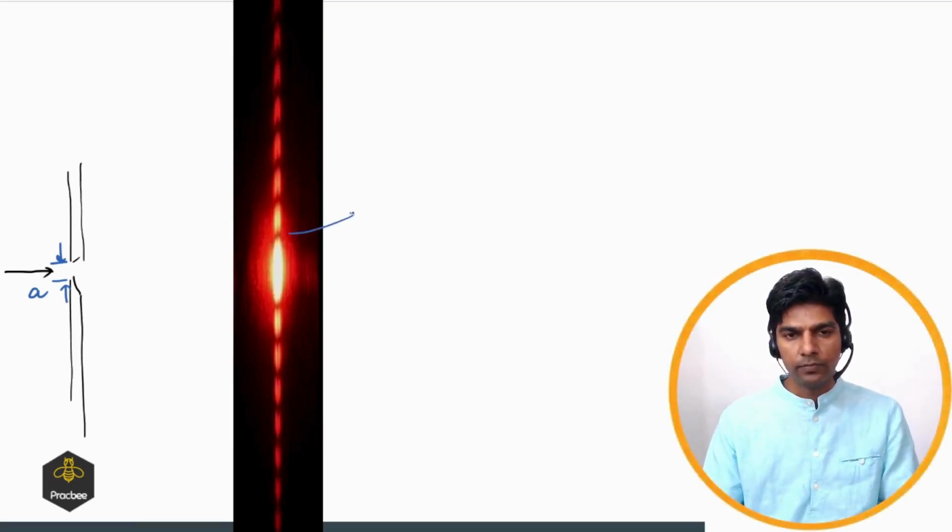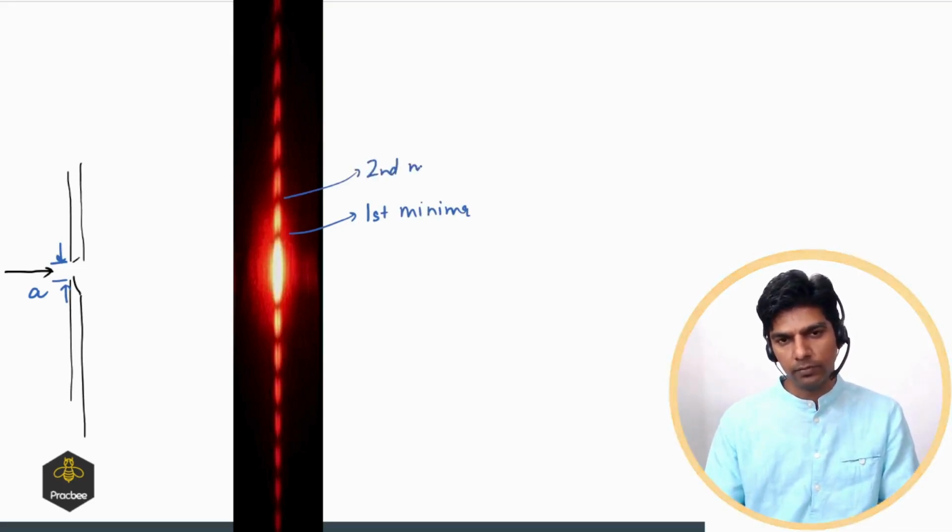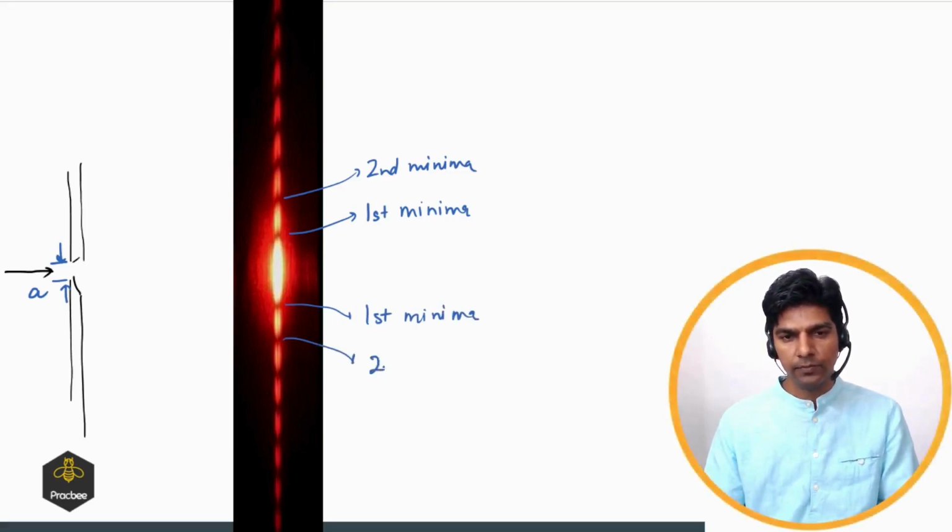Now this one is the first minima, this one is the second minima, and this is the first minima below the central maxima, and this one is the second minima below the central maxima.